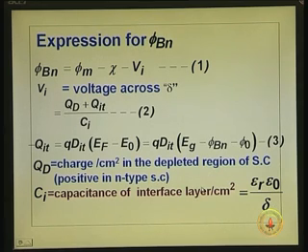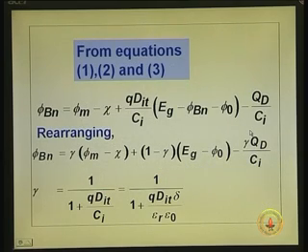So, now you have got 1, 2 and 3. All that you do is put those things together, that is you substitute for this V I. So, you will have here phi m minus chi minus q d by C I minus this quantity by C I. Phi m minus chi plus q d it, because minus minus cancels, plus q d it times E g minus phi bn minus phi naught minus q d by C I. Simple mathematics, just rearrange this.